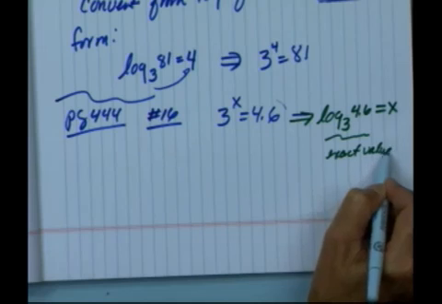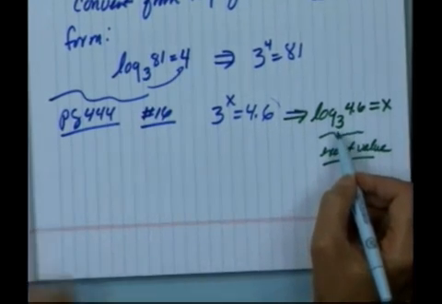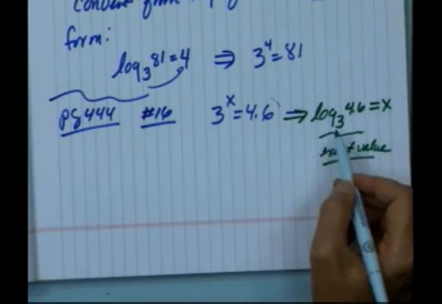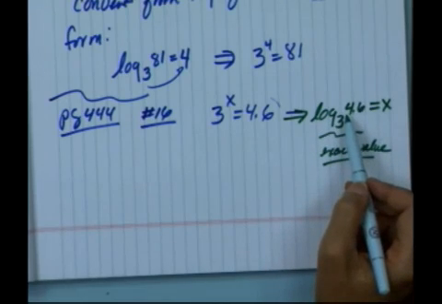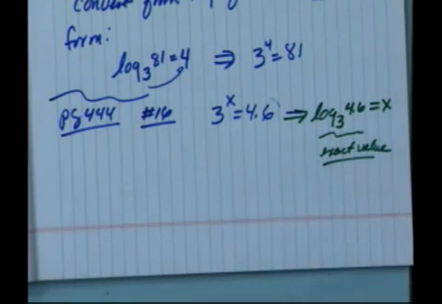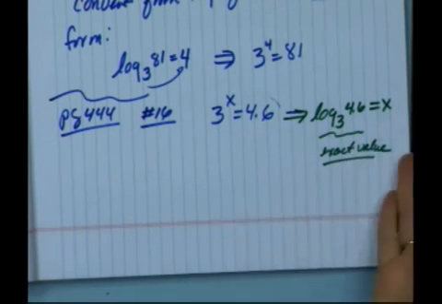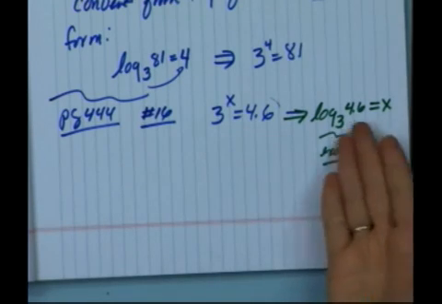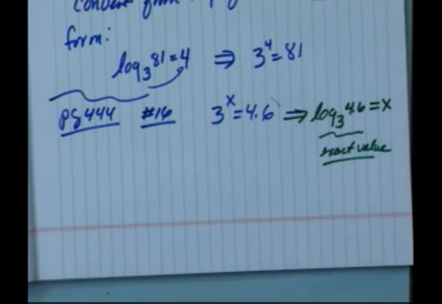When you plug and chug this in your calculator, and we're going to have a formula very shortly for bases other than e or 10, you're going to get an approximate answer, not an exact one, because it's a decimal that's not going to repeat or terminate. On tests, a lot of times I will say leave your answers exact. So this is an exact answer.